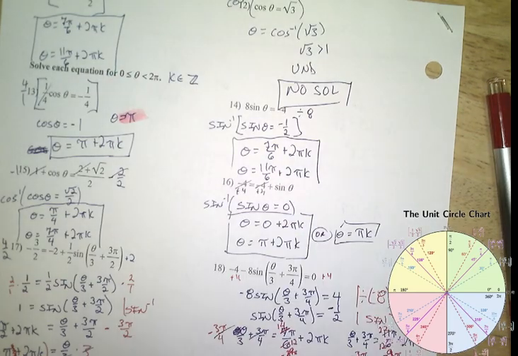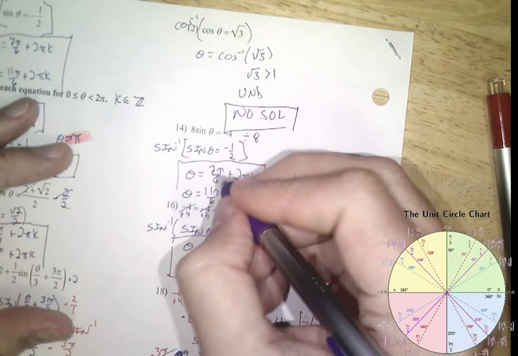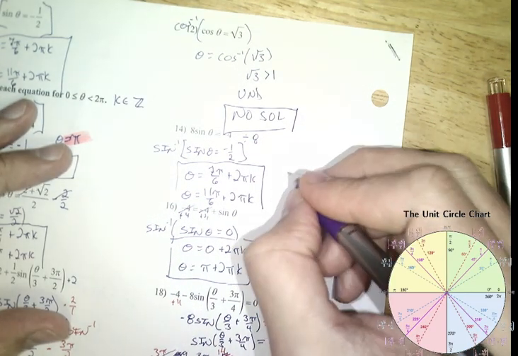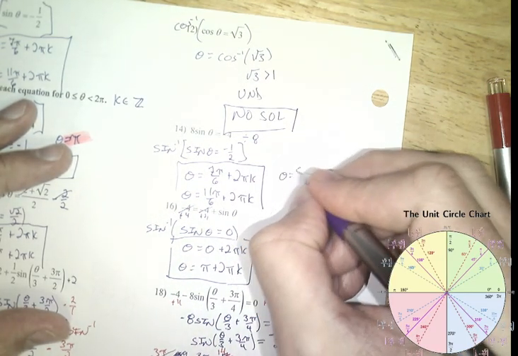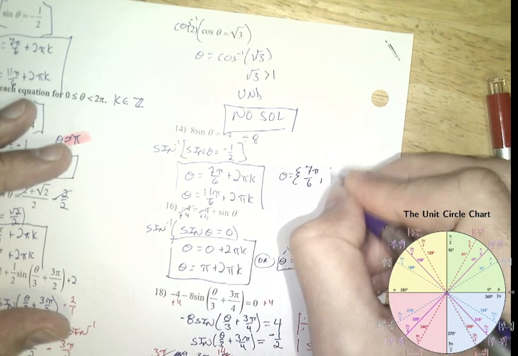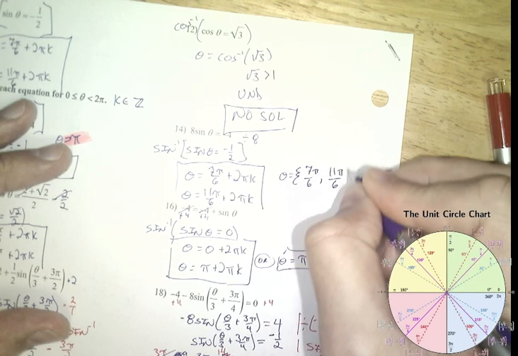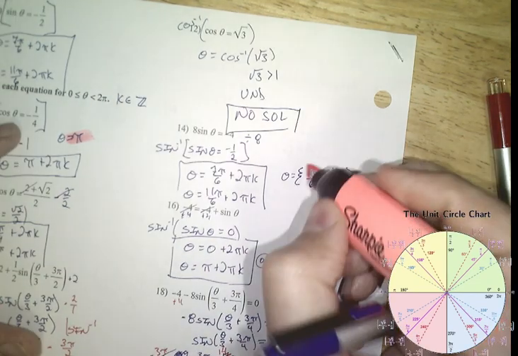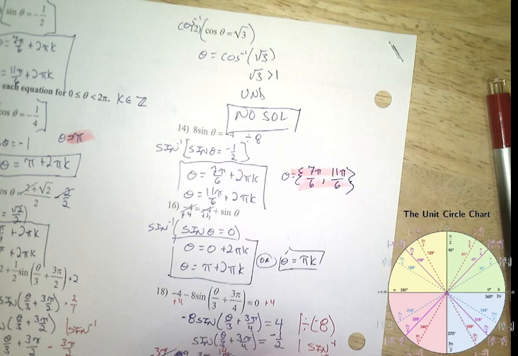Forgot about the interval part. On this one, these two are going to be our only solution. B is 1. So our theta is equal to 7 pi over 6 and 11 pi over 6. Those are our solutions there.